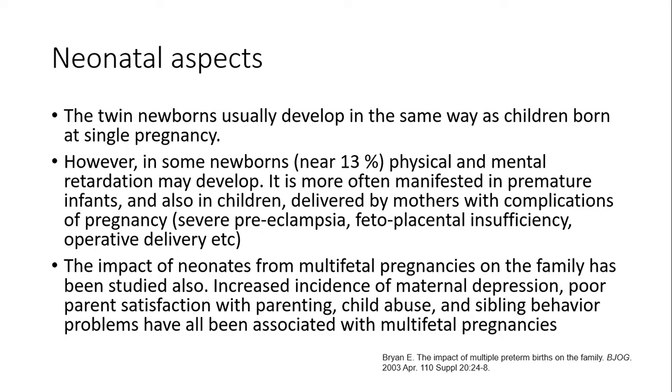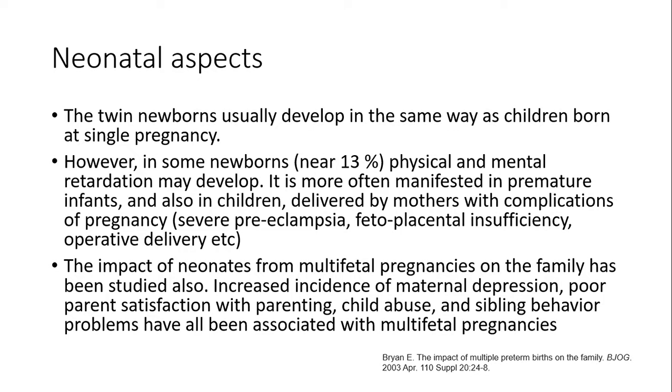And I'll touch a little bit on neonatal aspects: twin newborns usually develop in the same way as children born in a single-term pregnancy. However, in some newborns, physical and mental retardation may develop, and it is more often manifested in premature infants and also in children delivered by mothers with complications of pregnancy, for example, pregnancy-induced hypertension, fetal placental insufficiency, and when operative delivery was done.